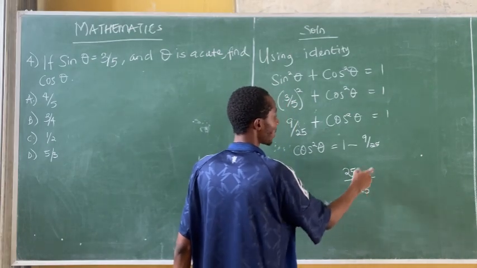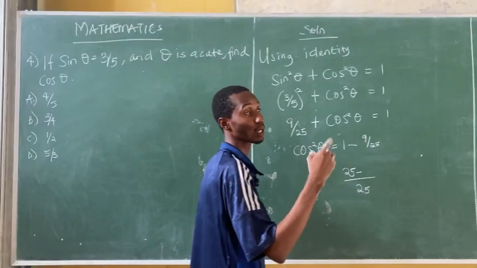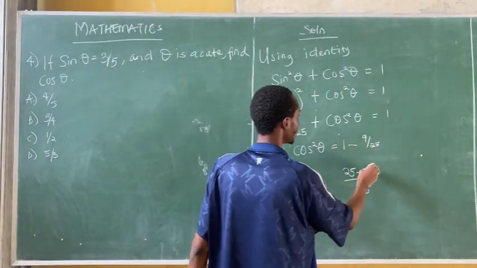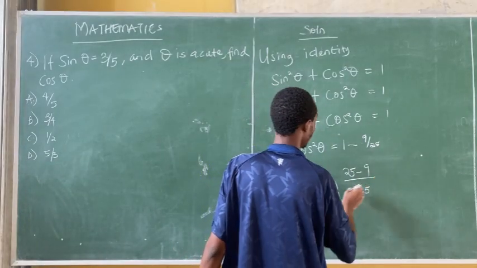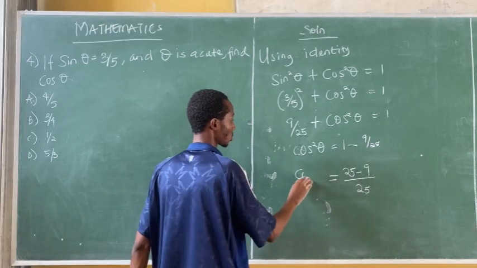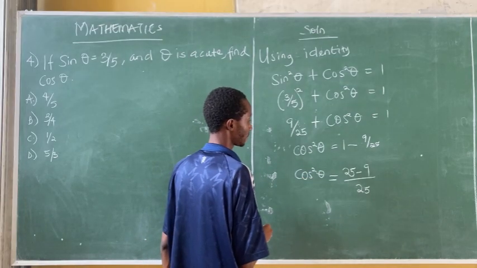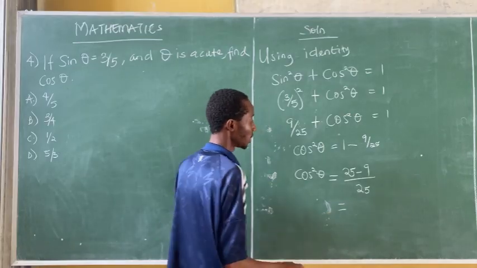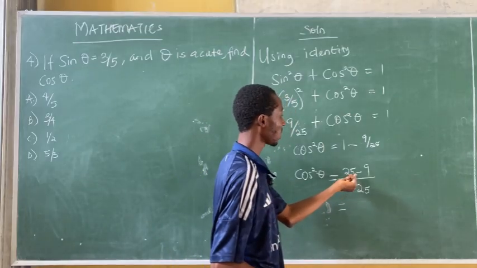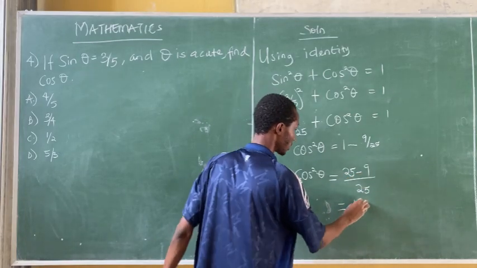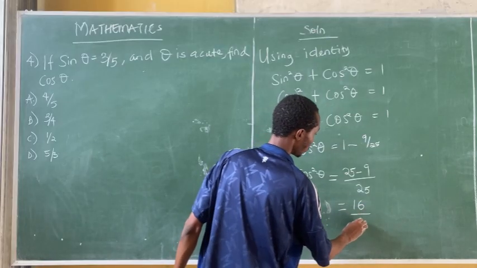Minus 25 divided by 25, you have 1. 1 times 9, you have 9. This is equal to our cos square theta. Now we have here that 25 minus 9, you have 16 divided by what?